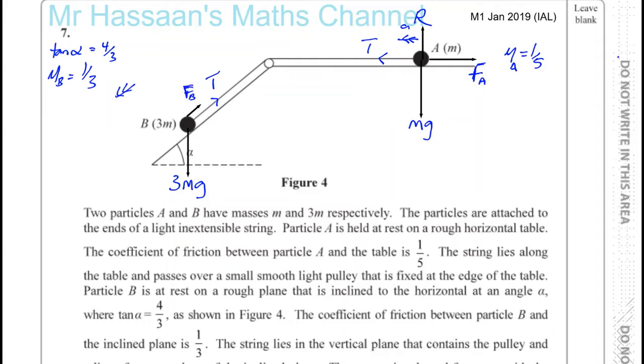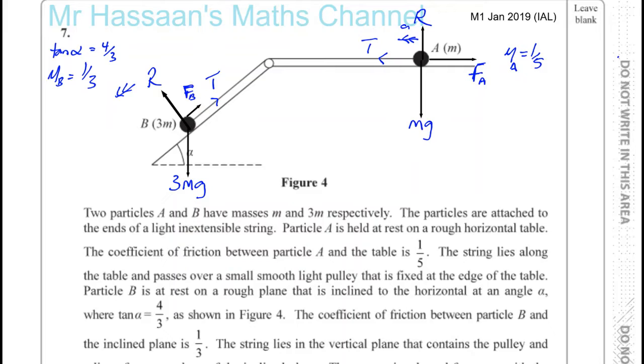Because we're dealing with something on an inclined plane, we have to show the components of the weight. First of all, the reaction force acts perpendicular to the surface, so that's the reaction force acting up here.